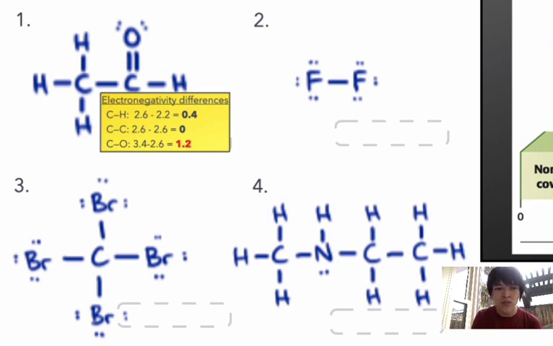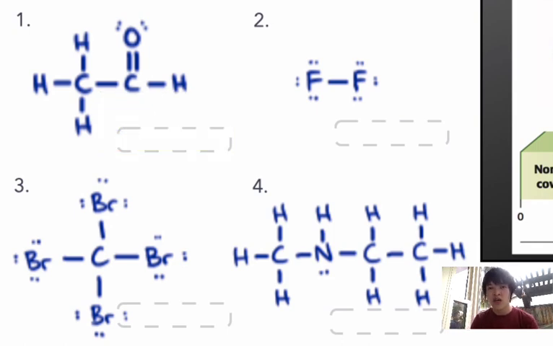For the carbon-hydrogen bond, the electronegativity difference value is 0.4. For the carbon-carbon bond, it is 0. And for the carbon-oxygen bond, it is 1.2. Out of all of these values, the only one that is considered polar covalent is the carbon-oxygen one.